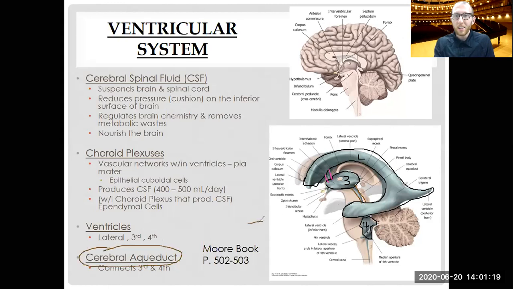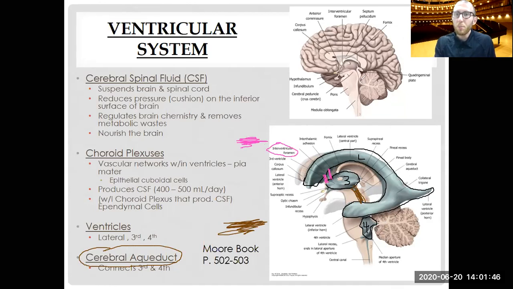I've put that in this color here. So that's the cerebral aqueduct connecting the third and the fourth. I've also highlighted with this purple color the interventricular foramen. Again, remember, foramen is a hole, so this represents a space or a hole.